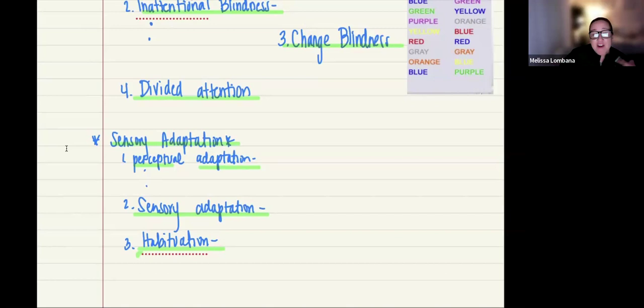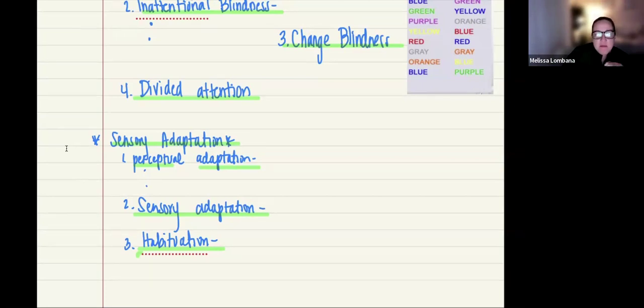And then sensory adaptation, which is really cool, is that after being exposed to a stimulus that does not change, not increasing or decreasing, it stays the same, we become less aware of it because our nerve cells fire less frequently.